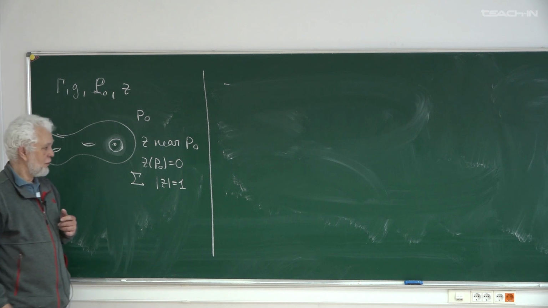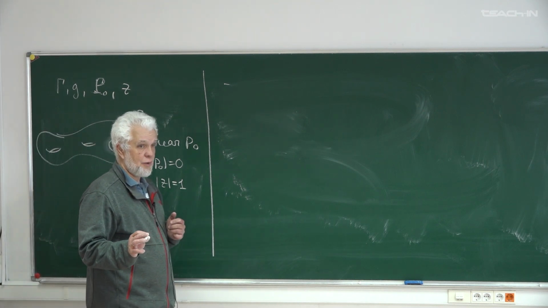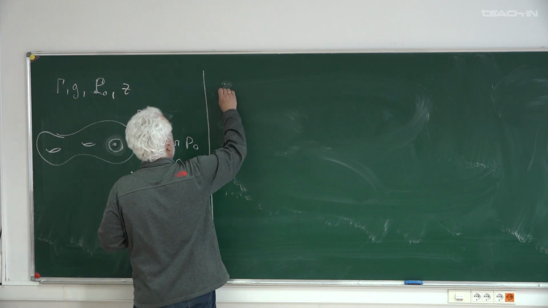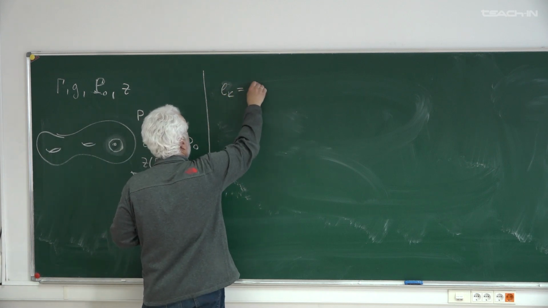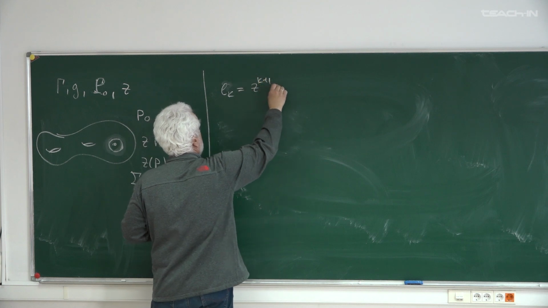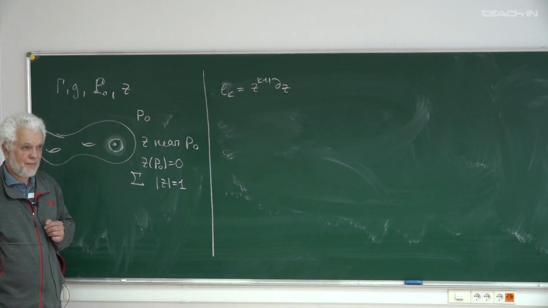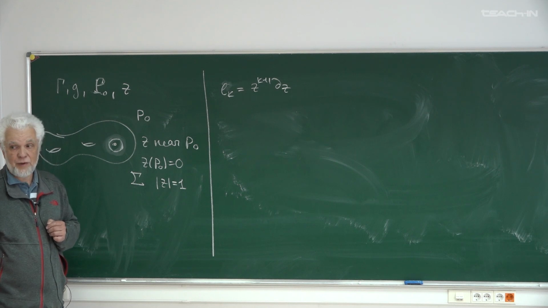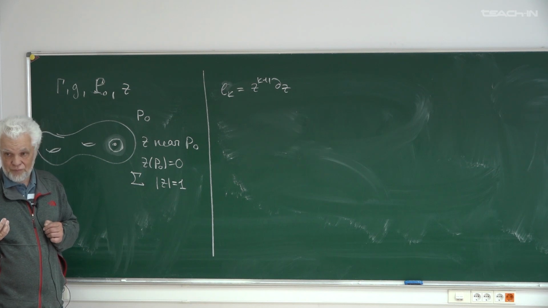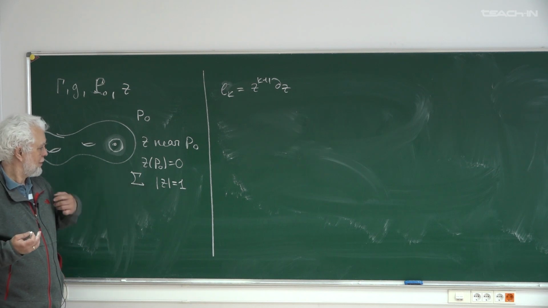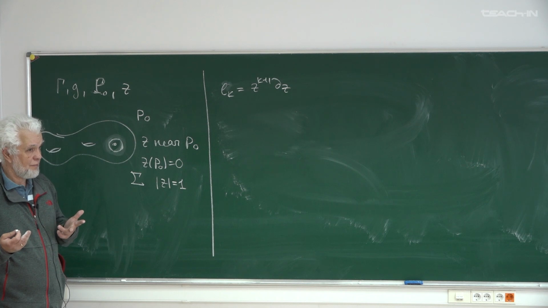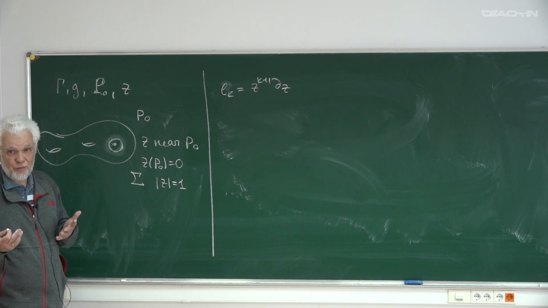Then, what defines the Witt algebra? The Witt algebra is the algebra of vector fields l_k = z^(k+1) d/dz. Of course, these vector fields are defined near this contour sigma.